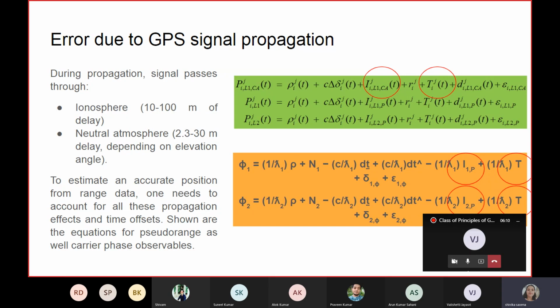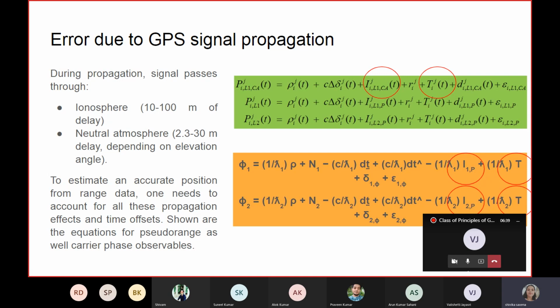Okay, so the equations that you see here are equations for the pseudo range observable and carrier phase observable. These errors due to ionospheric delay and neutral atmospheric delay, that is tropospheric delay, come in the terms, as you can see, circled in these observation equations.